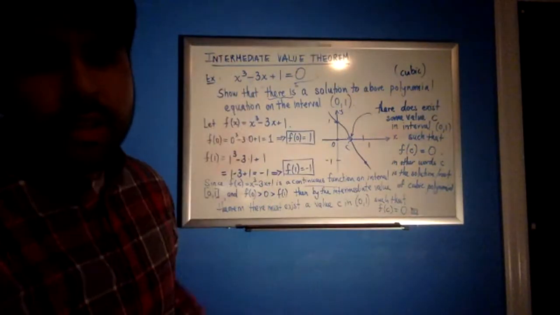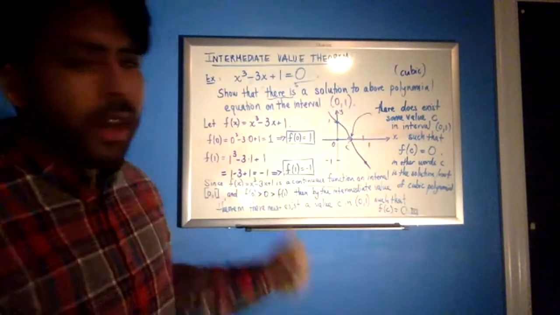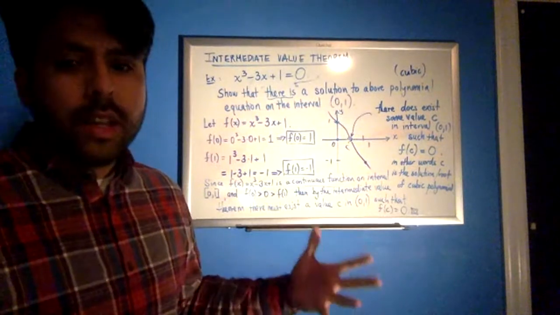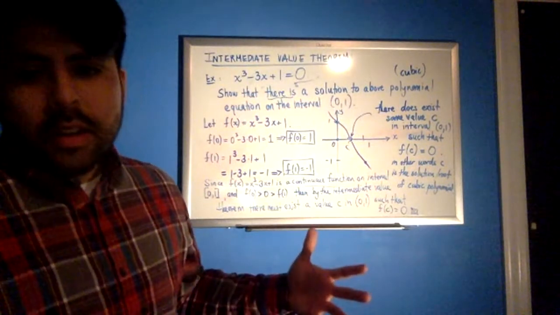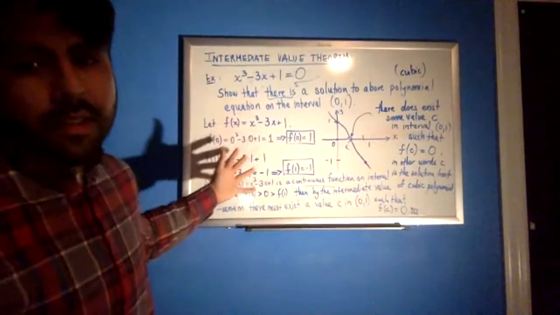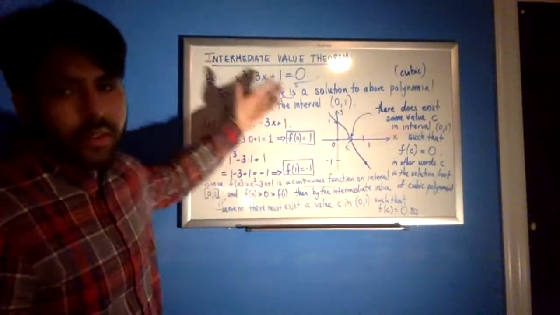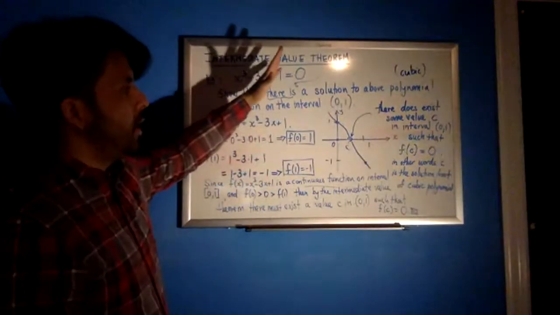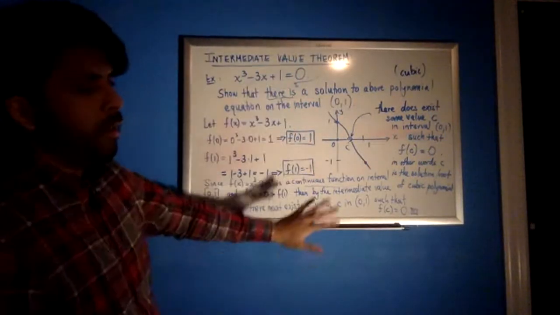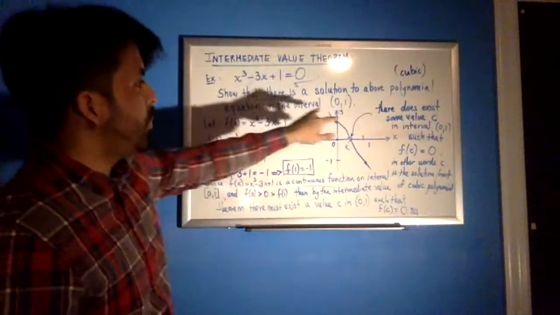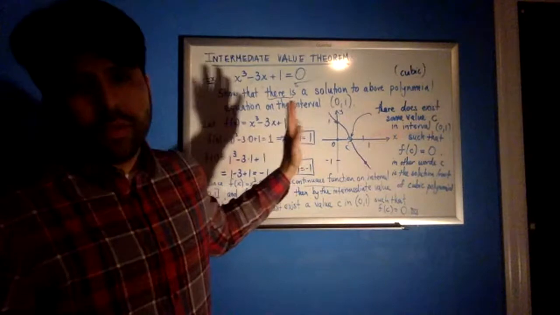Do you have to restate the IVT word for word? Yes. You do your best in restating it. Great, thank you to those of you who said yes. Basically you're restating the theorem with respect to the function that you're given and the interval that you're given.